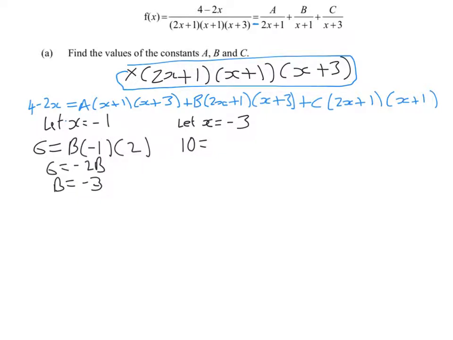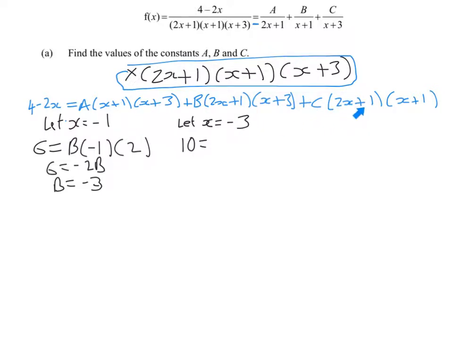10 equals, well, let's see what we lose first of all. With -3, we've lost everything to do with A. We've lost everything to do with B, because -3 makes that bracket 0.